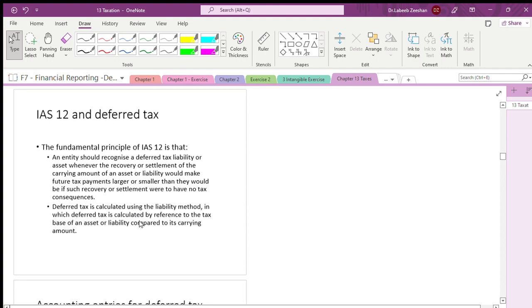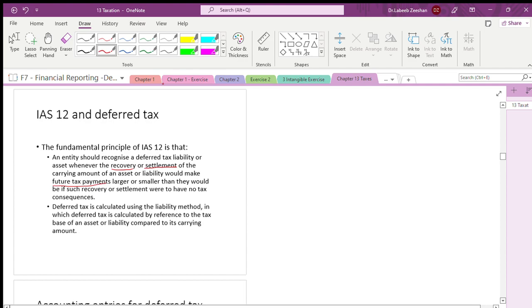Now we are working on the issue that an entity should recognize a tax liability or asset whenever the recovery or settlement of the carrying amount of the asset would have an impact on future tax payments.